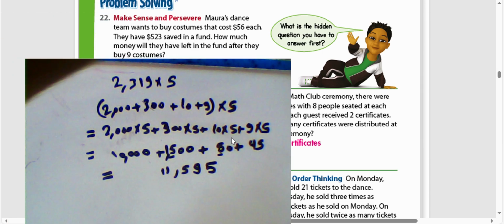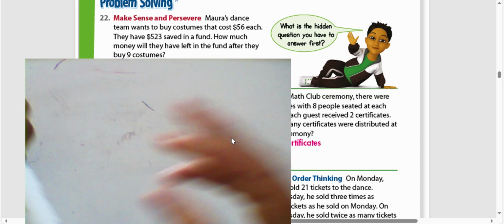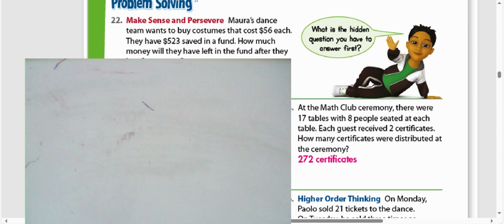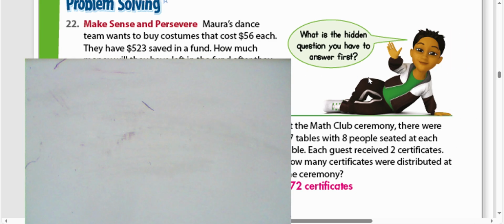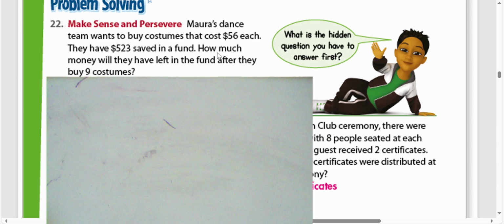Look at this question. Make sense and persevere. Maria's dance team wants to buy costumes that cost $56 each. They have $523 saved in a fund.